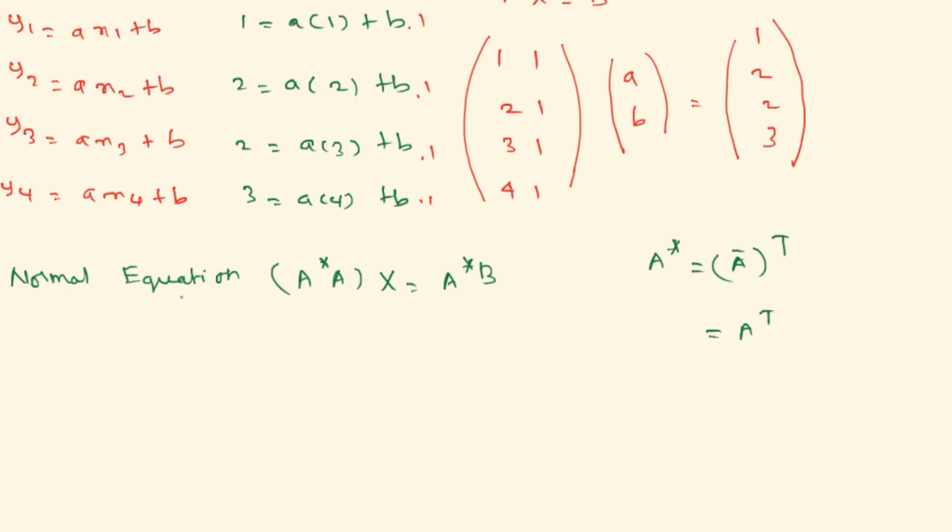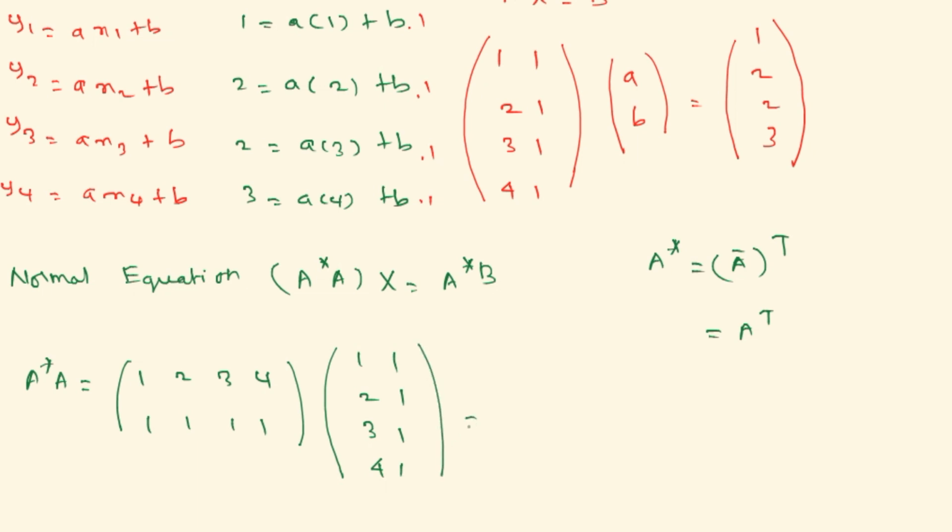To form the normal equation, the required data is A star A and A star B. Now we find A star A, which equals A transpose, the matrix (1, 2, 3, 4), (1, 1, 1, 1), times the matrix A with rows (1, 1), (2, 1), (3, 1), (4, 1).